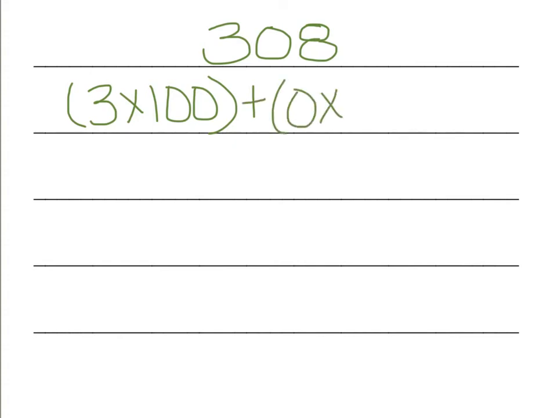I would then look and say I can spread it out by taking each digit times its place value. So I would say 3 times 100, because 100, that's the place value, plus, I can do either 0 times 10, or I can just leave that out, plus 8 times 1.